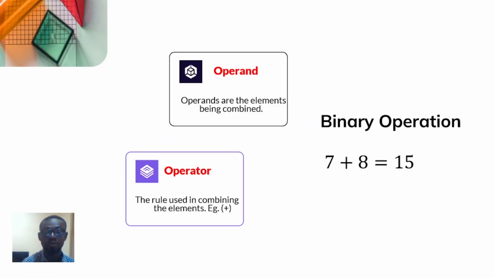The numbers or the items or the elements in that particular set that the binary operators operate on are usually called operands. They are called operands, and then the particular binary operator is just the operator. So for instance, when we have 7 plus 8, the 7 and the 8 are called operands, and the addition that we have here is the operator.